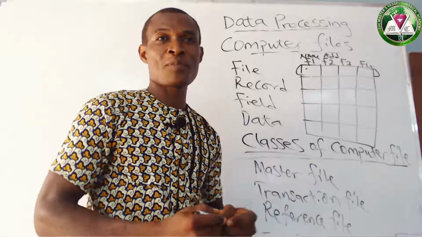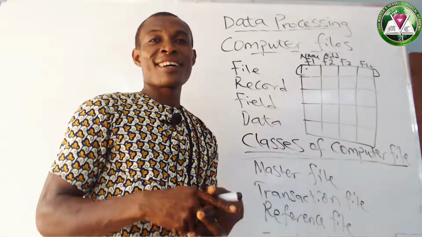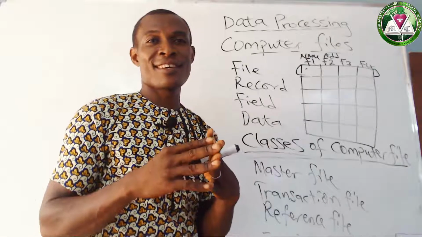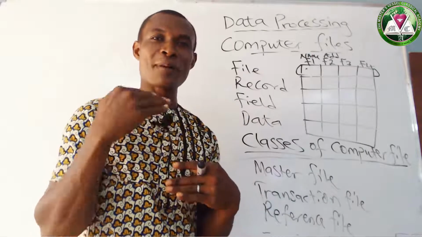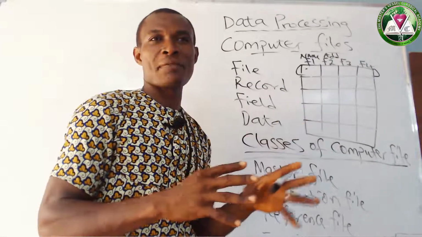Now, another type of file is the reference file. A reference file is a file that also has a certain amount of permanency, but it is not like a master file.